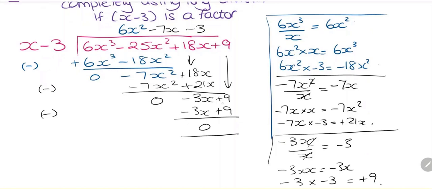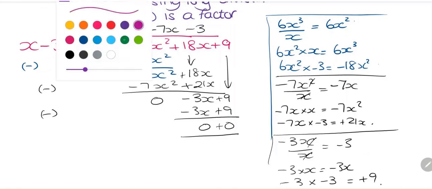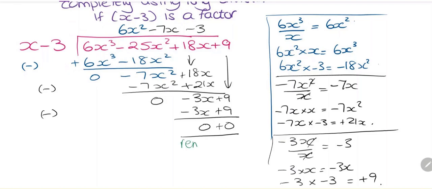So this is going to be a remainder of 0, or no remainder, which means that x minus 3 is a factor.